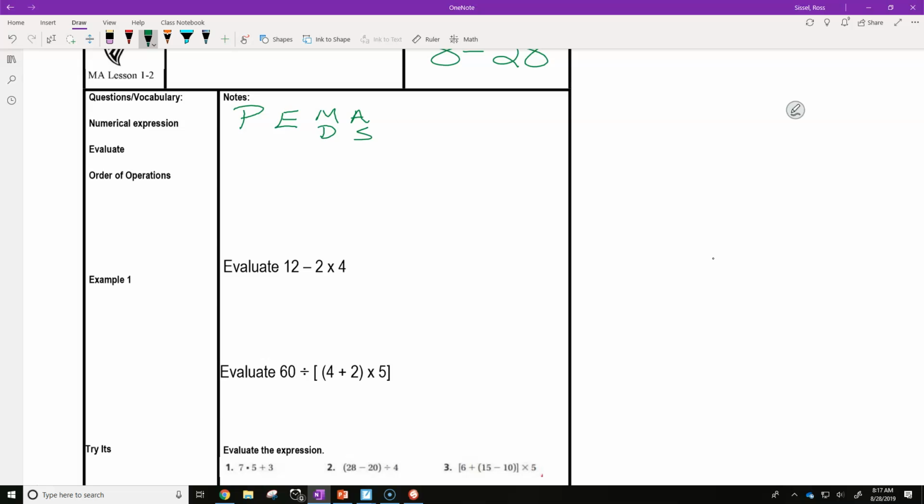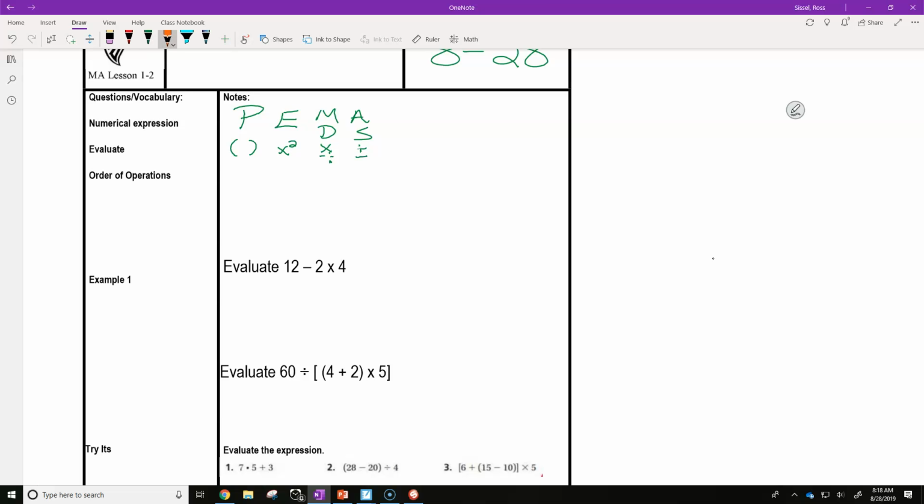Now, I like PEMDAS, and the way I wrote it is with the M and the D above each other and the A and the S. And the reason is, the most important thing is, PEMDAS stands for our order of operations. We have parentheses. We have exponents. We have multiplication or division, and addition or subtraction.